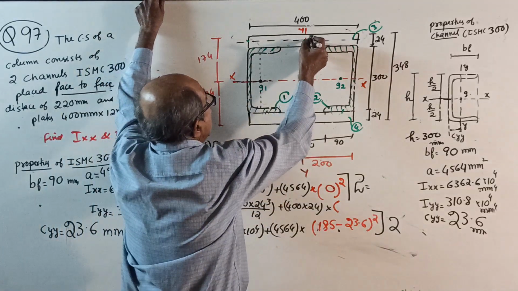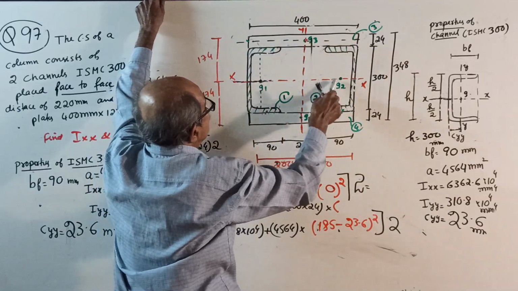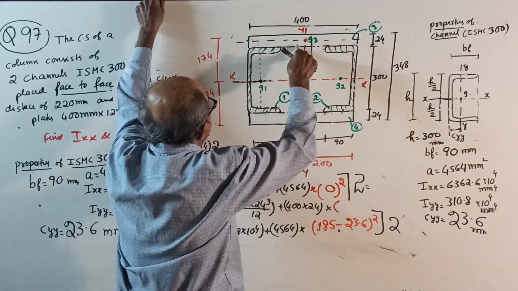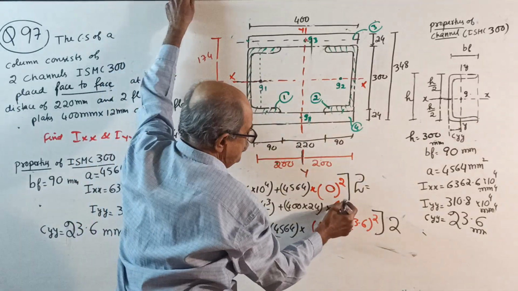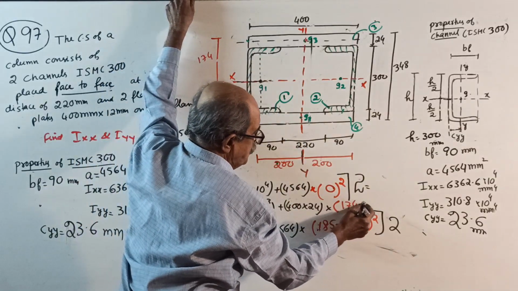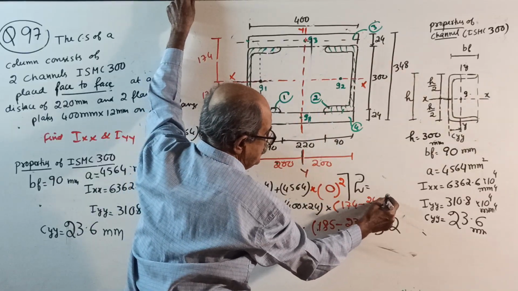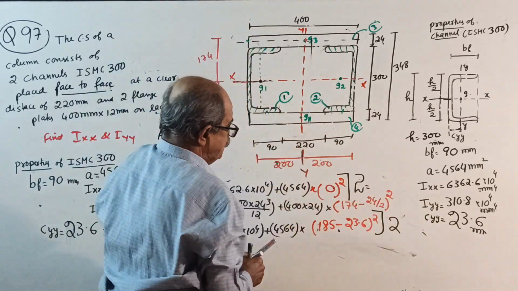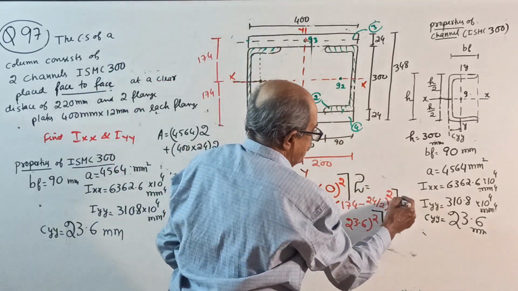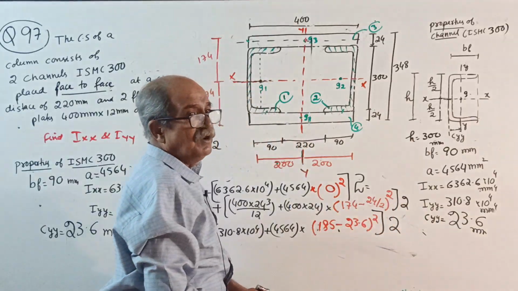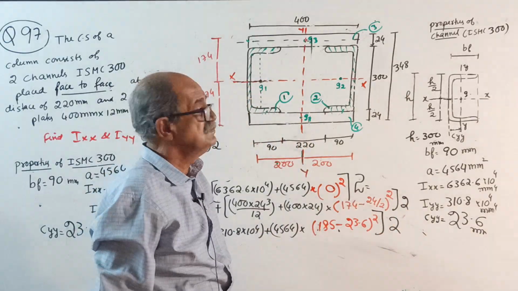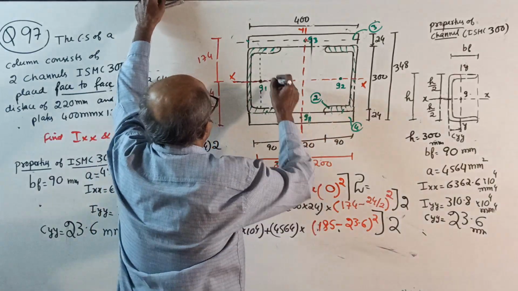So from centroid G3 to XX, this distance is 174, squared. Minus half of 24, 24 by 2 whole square, is for one of the plates. Multiply by 2, you get for the other plate. Calculate the answer.